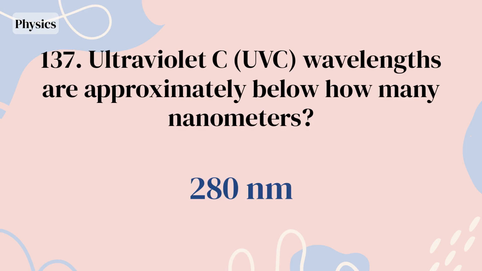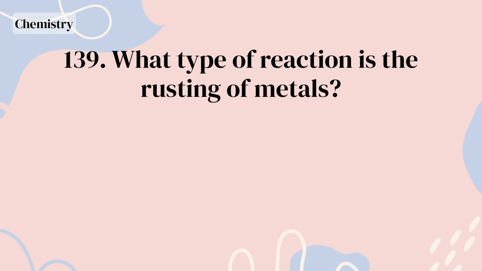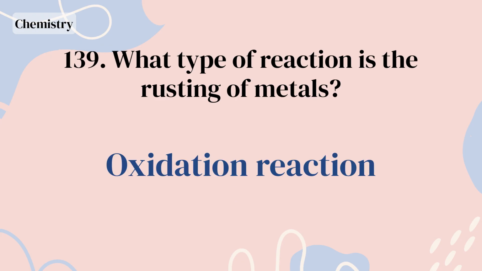(280 nanometers). Which layer is the outermost layer of Earth's internal structure? Crust. What type of reaction is the rusting of metals? Oxidation reaction.